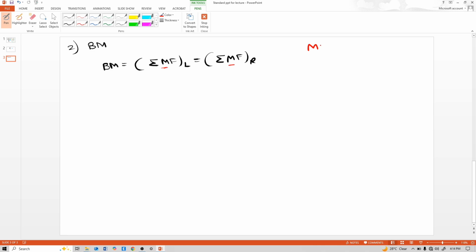Moment is force into perpendicular distance, or lever arm. So we will see a similar example for bending moment. We take a similar beam as we considered previously.